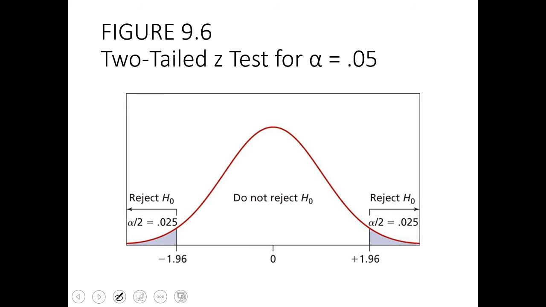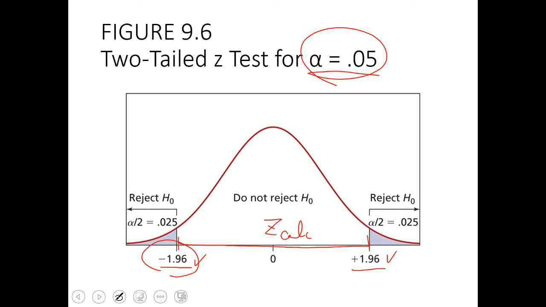If our test statistic is between minus 1.96 and plus 1.96, which comes from the significance level alpha of 5%, so our critical values are minus 1.96 and plus 1.96, then we do not reject the null hypothesis.